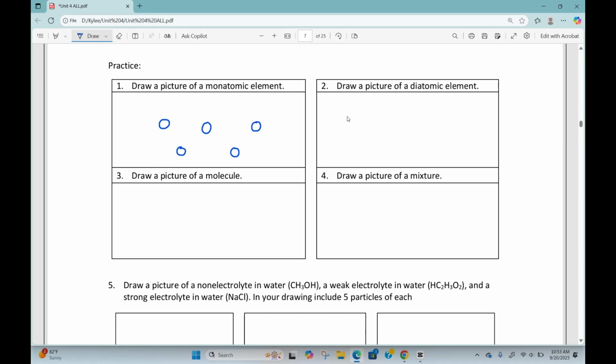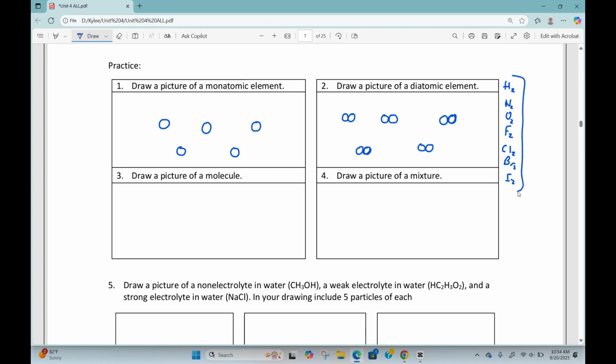If I had something that was diatomic, then that's going to be the same atom bonded to itself because it's 2 atoms. So this would be like hydrogen or chlorine. And again, I'm just choosing to draw 5 of each one just to be consistent. As a reminder, our diatomics are hydrogen and then nitrogen, oxygen, fluorine, chlorine, bromine, and iodine.